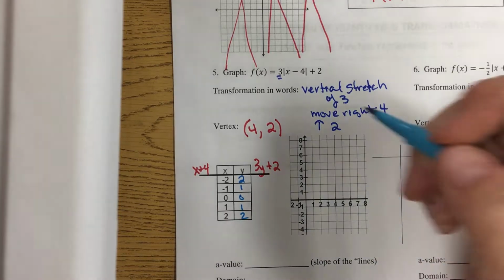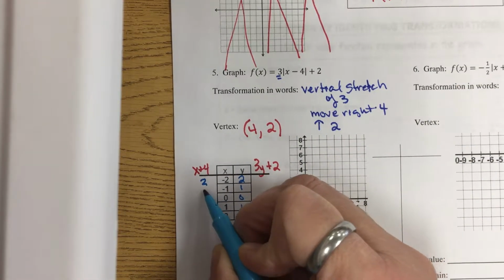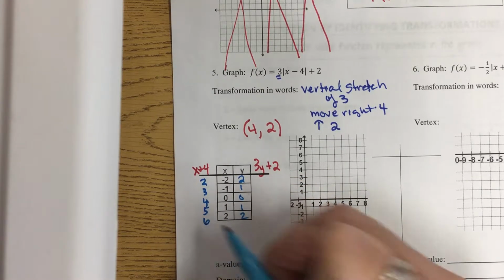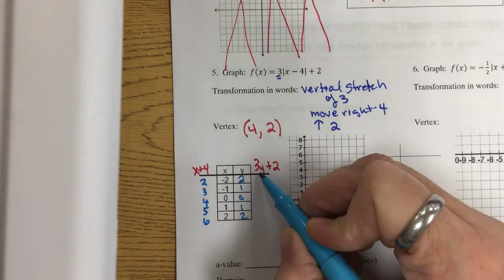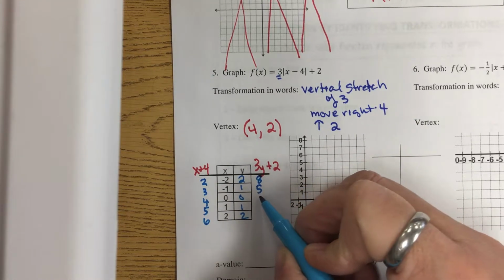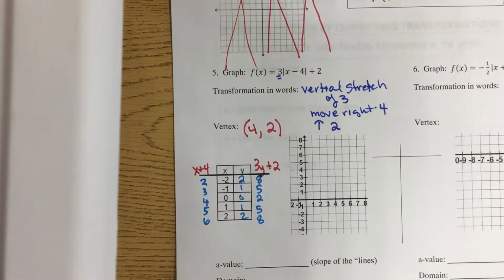So I add 4, and I'm going to get 2, 3, 4, 5, 6. Over here, I'm going to get 6 plus 2 is 8, 3 plus 2 is 5, 2, and then I should get 5 and 8 again.